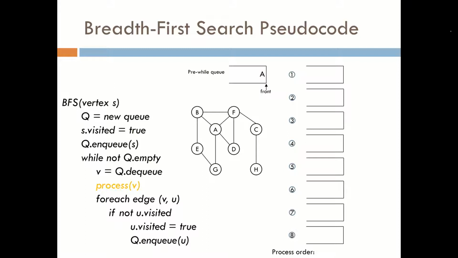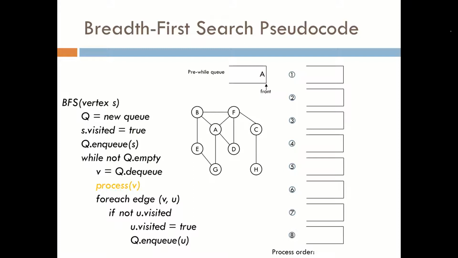Before we enqueue items, we will actually mark them as having been visited. This is due to the first in, first out nature of the queue abstract data type. So we instantiate a queue and we mark that first vertex as visited and we enqueue it.